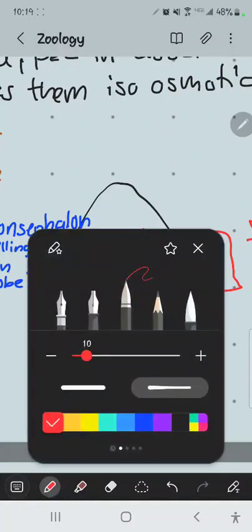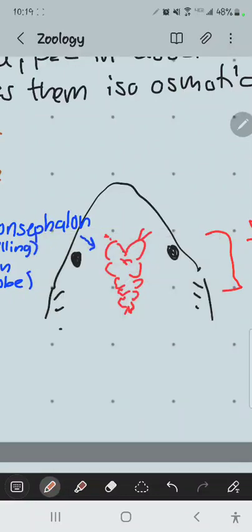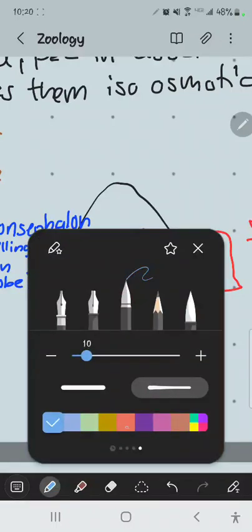Okay, so then the third lobe is what's called the mesencephalon. And this is the optic lobe. This is the one that's really easy to see. It looks just like Barbie butt cheeks.